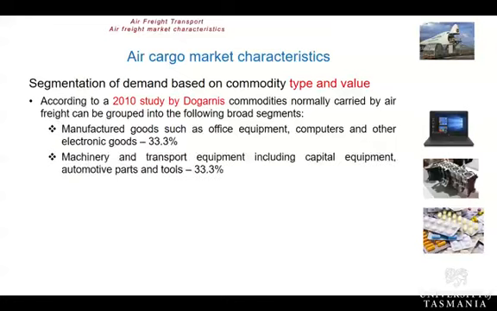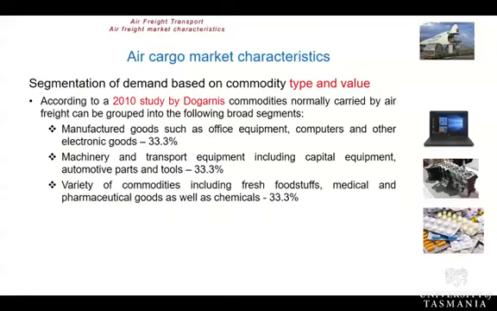He also found that machinery and transport equipment, capital equipment, automotive parts made up another 33%. So we've got 66% of goods that fall into that category of manufactured goods, machinery and transport. And the other third was that mixture of foodstuffs, medicals, pharmaceutical goods, as well as chemicals, a 33%.